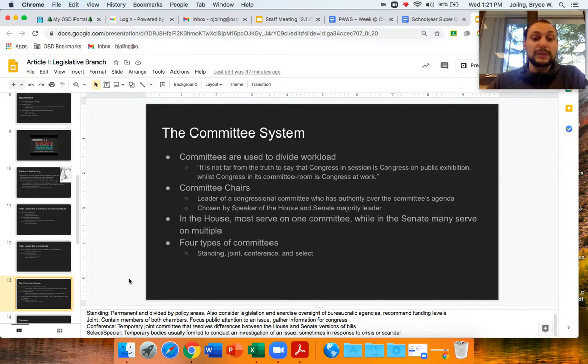A select or special committee is a temporary body that is usually formed to conduct an investigation into an issue, a crisis, or a scandal. For example, when President Trump was impeached, that was a select committee. There was a whistleblower complaint, which the Democrats, at least in the House of Representatives, viewed as an abuse of power.